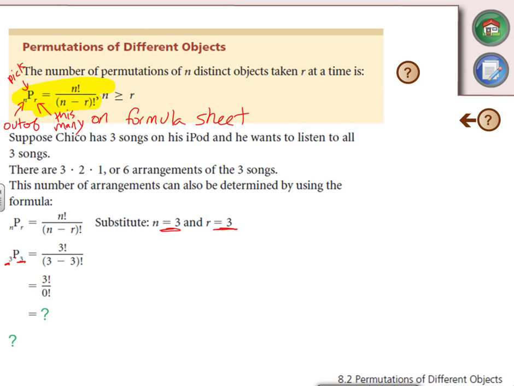It would be impossible to pick 3 things out of 3, and we know that's not the case. So we've got 3 factorial, which is 6, divided by 0 factorial, and we're just showing again that 0 factorial, out of necessity, must equal 1.